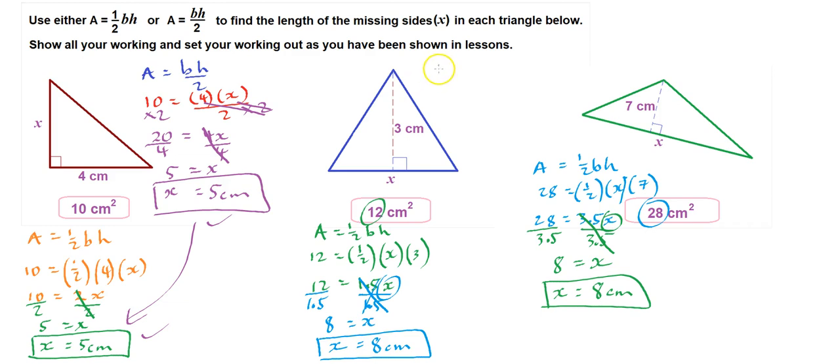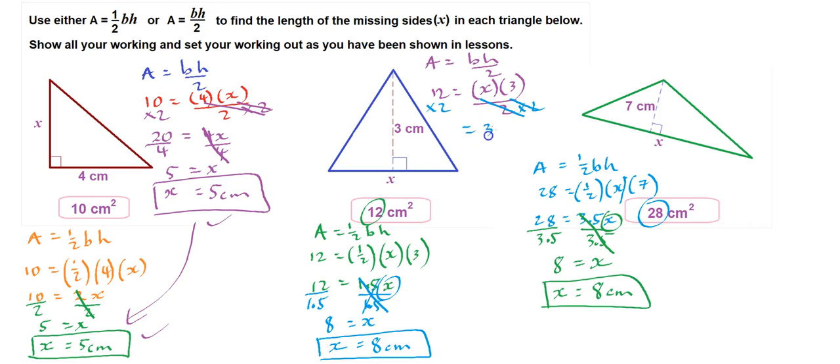If I go here, let's go with area equals base times height divided by 2. So area, I've got the area, sorry. So I go 12 equals the base, which is x, I've got the height, which is 3, and I would divide that by 2. So get rid of dividing by 2 by multiplying by 2, do the same to both sides, that cancels out.